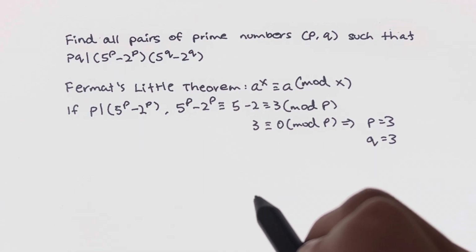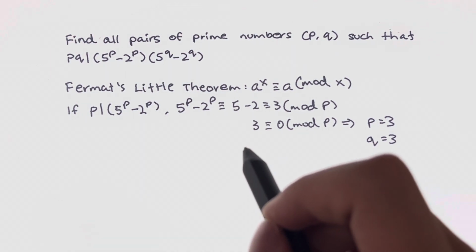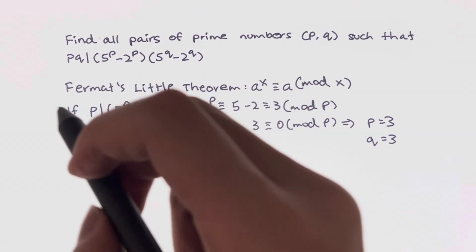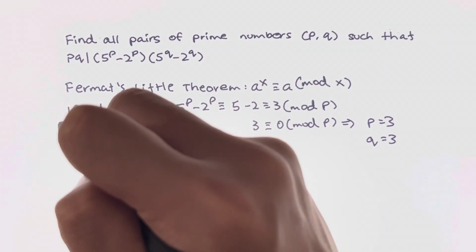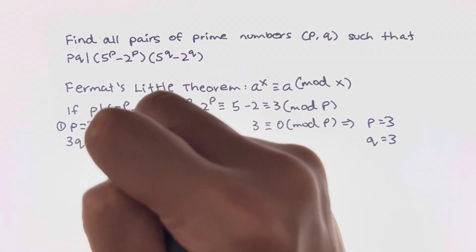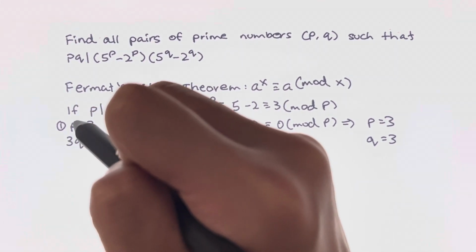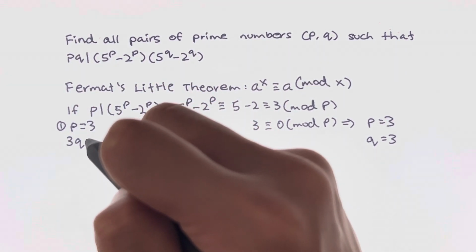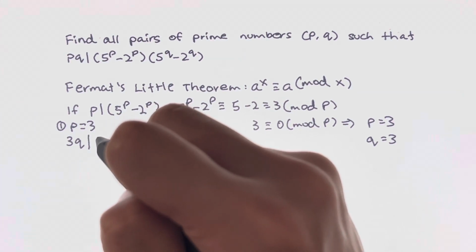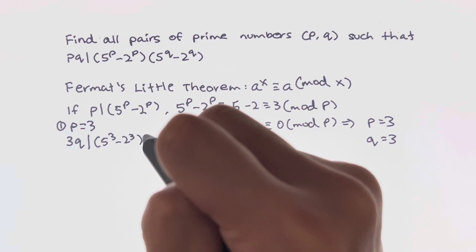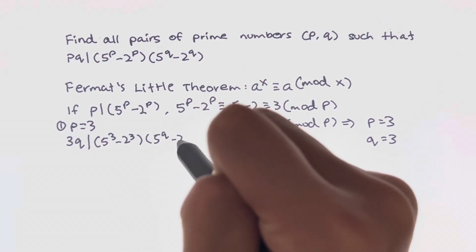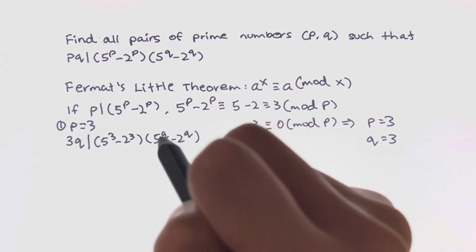And then first, let's set p equals 3. Case 1 is p equals 3. Our condition becomes: 3q is going to be a factor of 5 cubed minus 2 cubed, times 5 to the power of q minus 2 to the power of q.